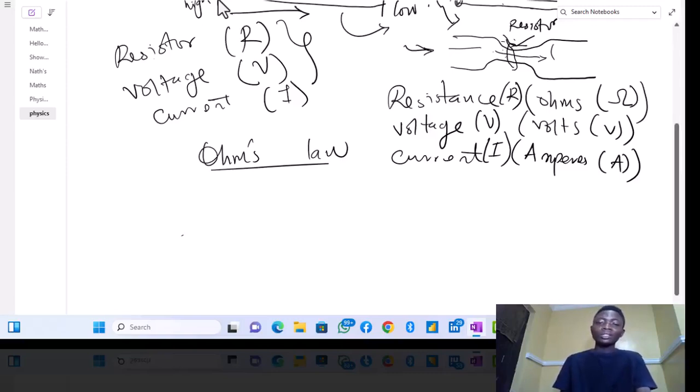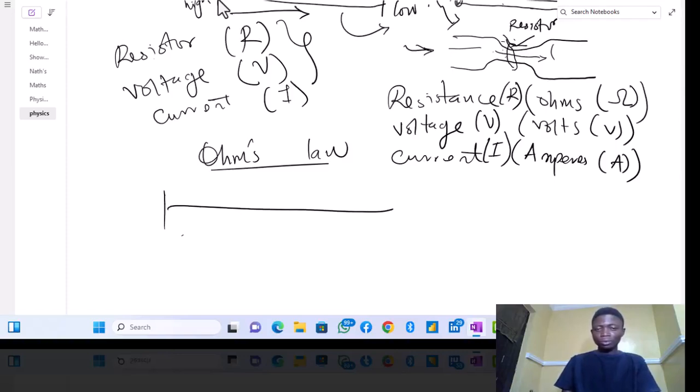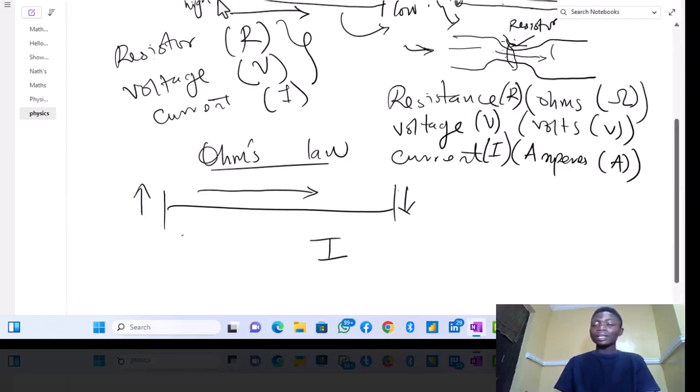We're looking at conducting wire, current, and voltage. Ohm's law brings the relationship between the three together into one. So now, what Ohm's law states is that, let's say you have a conducting wire. The current that is flowing through this conducting wire, this is high voltage, low voltage, right? So it says that the current along a metallic conductor.